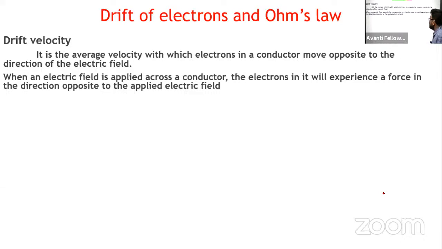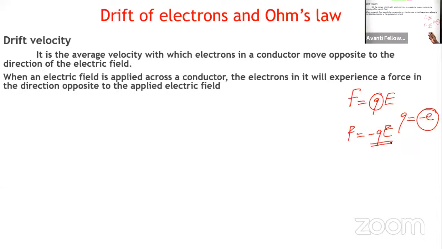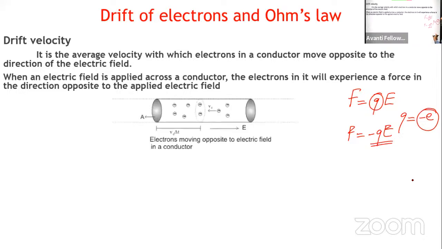The reason is that F equals Q times E, and the value of Q is minus e, so the force will be minus e E. So electrons are moving opposite to the direction of the electric field in a conductor.